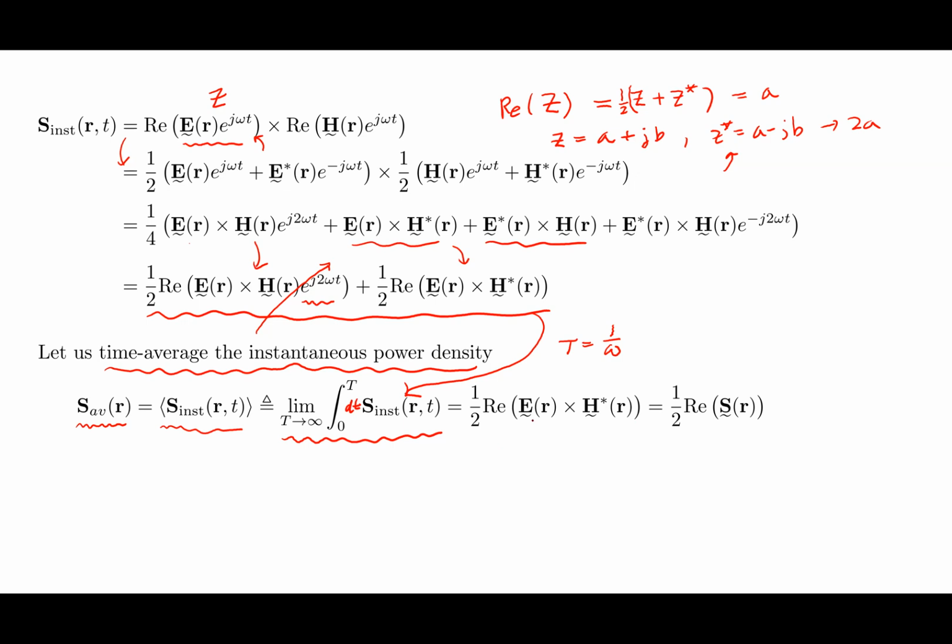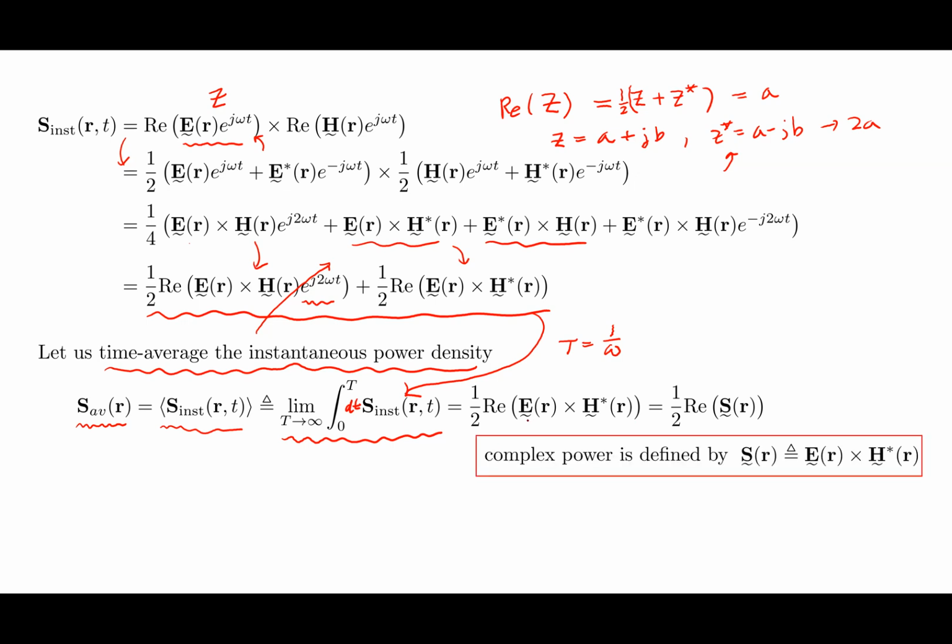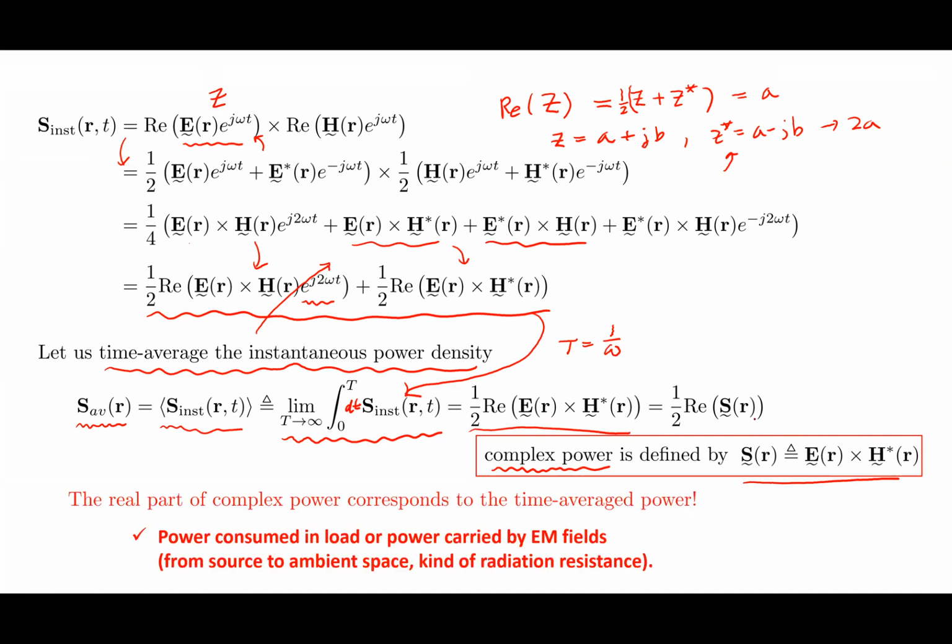So if we define the cross product between the phasor of the electric field and the complex conjugate of the magnetic field as complex power, then the time average is just the real value of this complex power. So what that means is that the real part of the complex power is just the time averaged power.